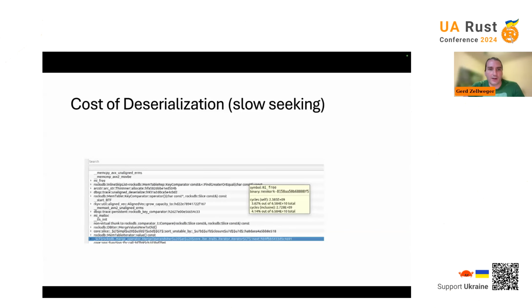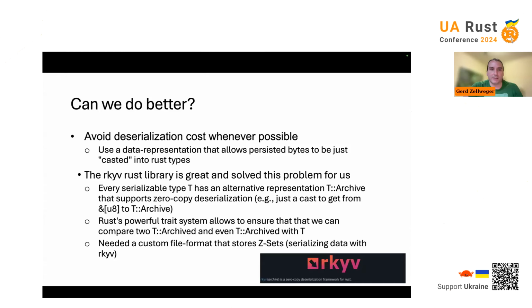What's funny about this is we can actually fix this, right? In Rust, you have multiple libraries that do zero-copy deserialization, which means you use a data representation that takes the bytes you're getting from RocksDB and essentially casts that address directly into a Rust type. And one thing here is a shout out to the rkyv archive library, which is great because it exactly solves this problem for us.